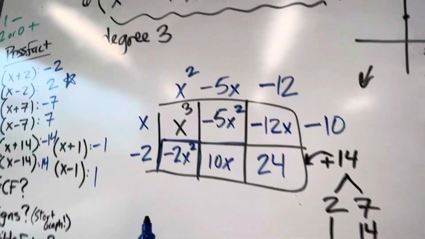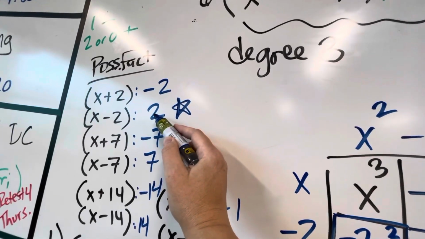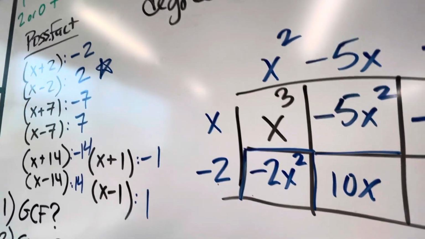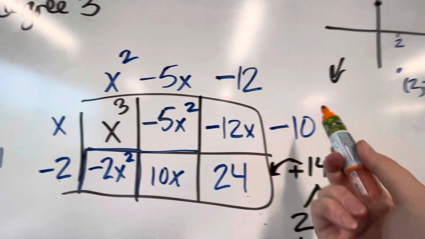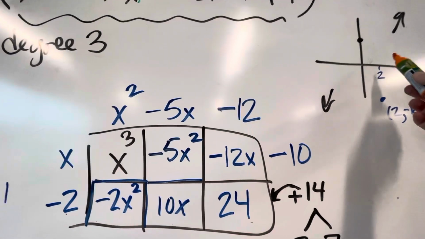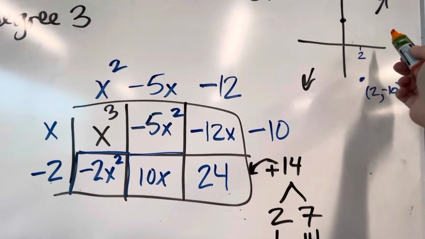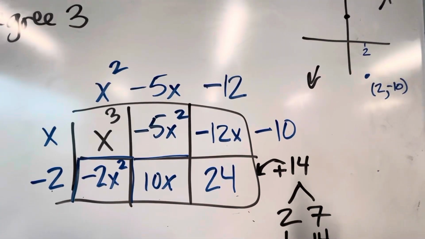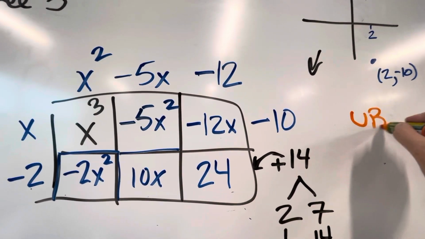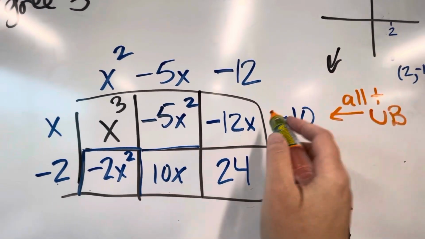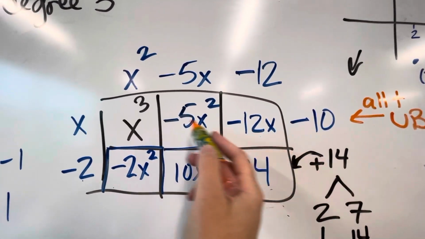Now I tested a positive 2. So I'm also going to look for whether my signs up here tell me that I've capped it out. I want to know if I should look below it at 1 or should I look above it at 7. Now to be an upper bound, I need all positives. Well, I can see right now I do not have that.